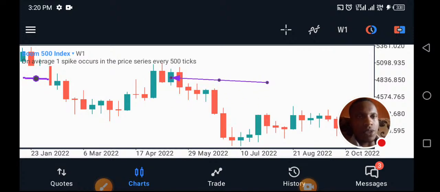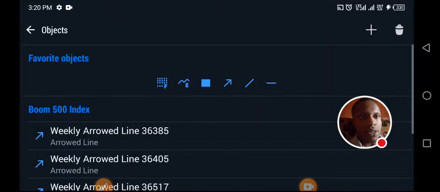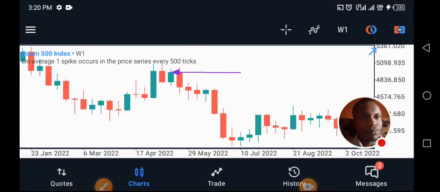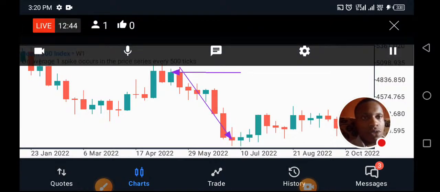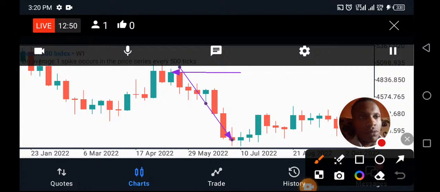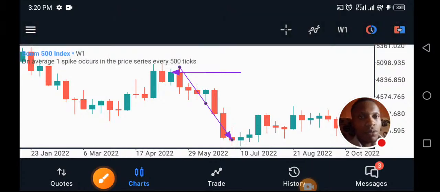So we can make use of this particular blue candle here before the market started selling downwards. So that is a bearish order block. You can see that that is a bearish order block here.